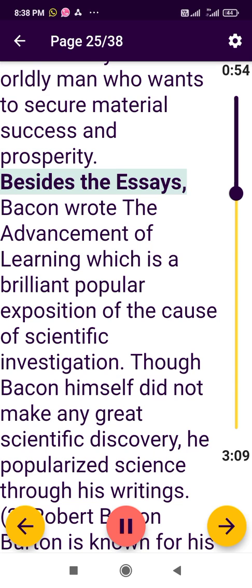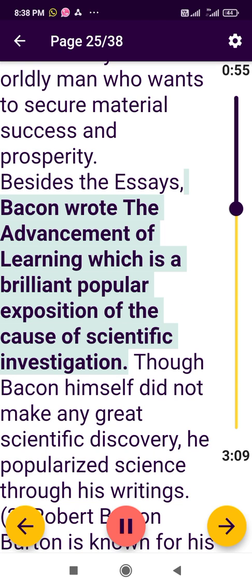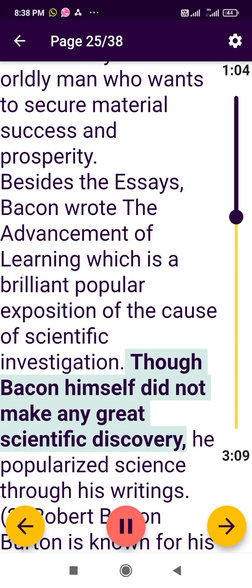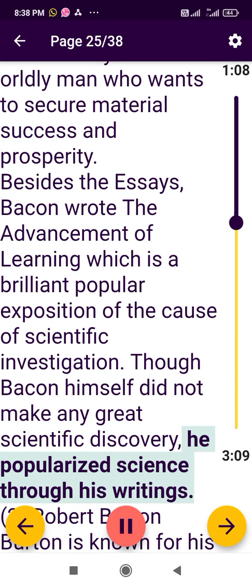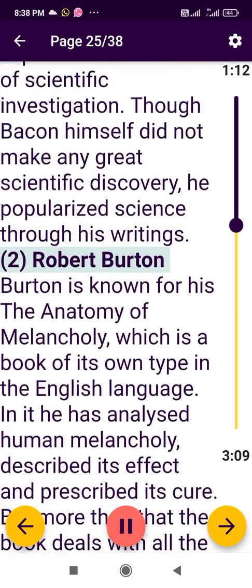Besides the essays, Bacon wrote The Advancement of Learning, which is a brilliant popular exposition of the cause of scientific investigation. Though Bacon himself did not make any great scientific discovery, he popularized science through his writings. 2. Robert Burton.